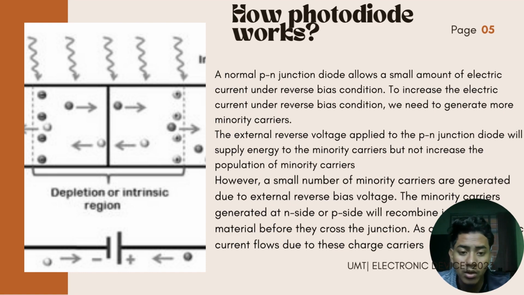However, a small number of minority carriers are generated due to the external reverse bias voltage. The minority carriers generated at the N side or P side will recombine in the same material before they cross the junction. As a result, no electrical current flows due to the minority carriers.